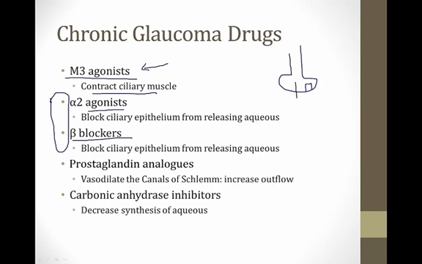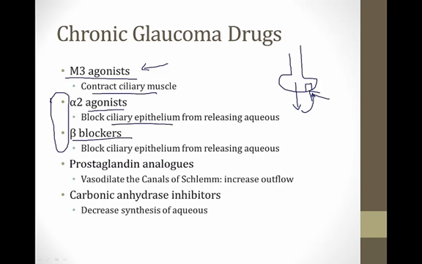So when this neuron releases norepinephrine, it feeds back on this receptor, and then the receptor says, okay, we've released enough norepinephrine, and it shuts down norepinephrine production. By activating or giving an agonist to this alpha 2 receptor, you basically trick the presynaptic neuron to release less norepinephrine. And the effect is the same as for beta blockers. So both alpha 2 agonists and beta blockers will block the ciliary epithelium so it releases less aqueous humor.